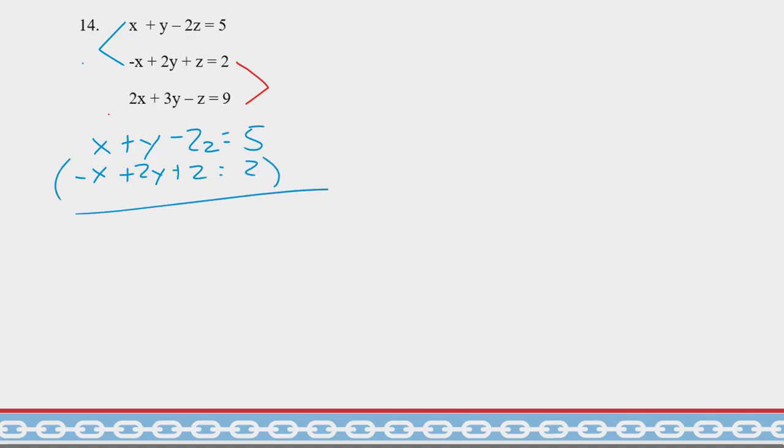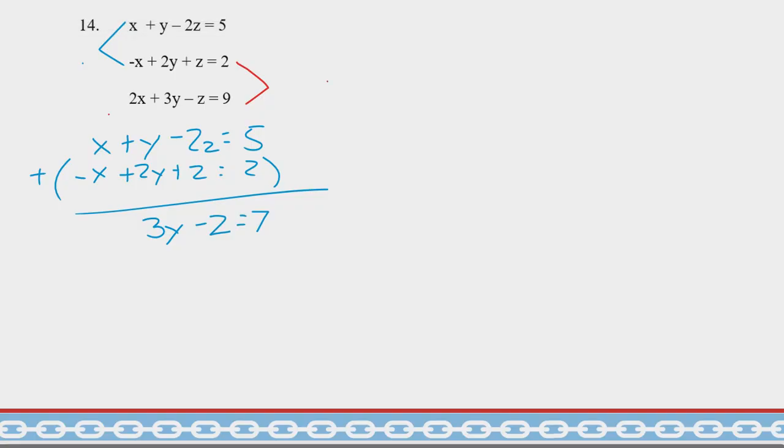And if I add those 2 equations, x plus a negative x cancels. That gives me 3y, and then negative 2z plus a z, minus z, equals 7.